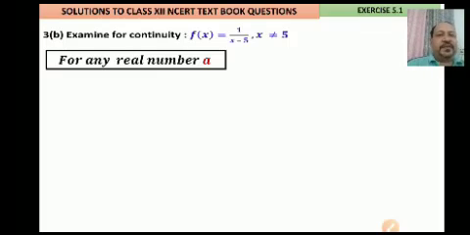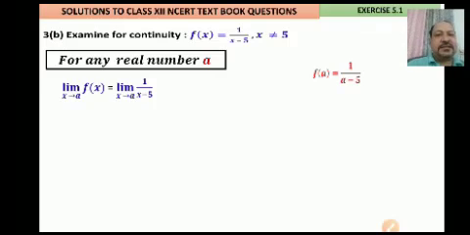So for any real number a, f of a equal to 1 upon a minus 5. Limit x goes to a, f of x equal to limit x goes to a, 1 upon x minus 5, equal to 1 upon a minus 5.